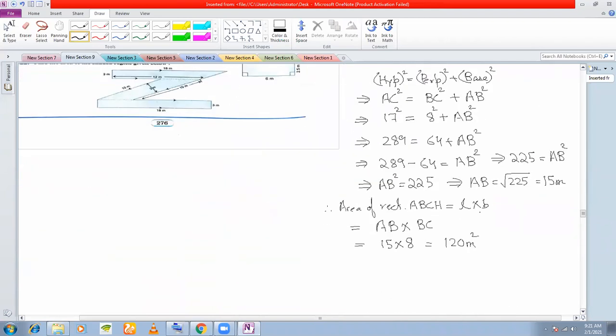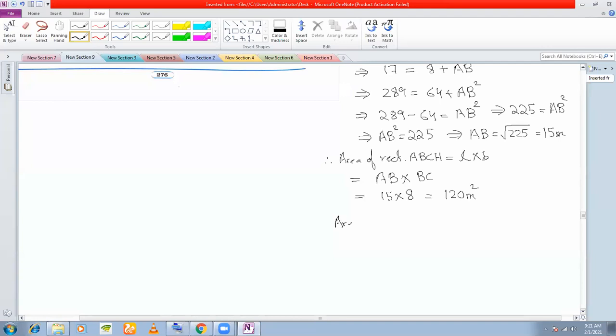We write area of trapezium GDEF is equal to half into sum of lengths of parallel sides into height.